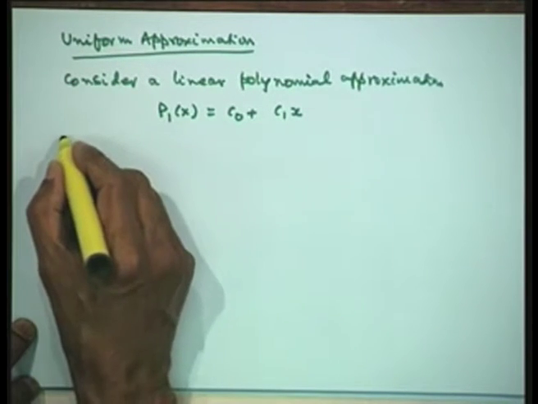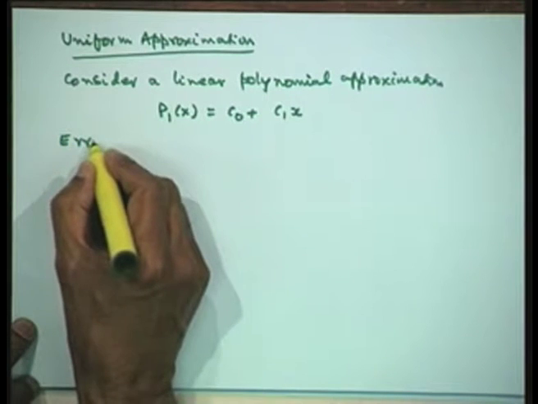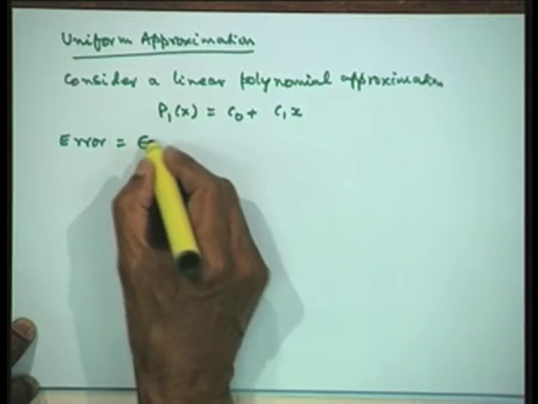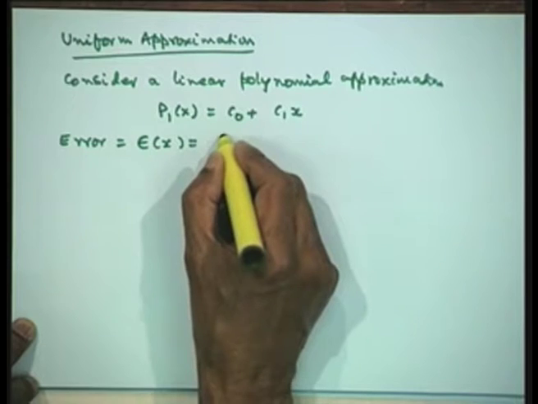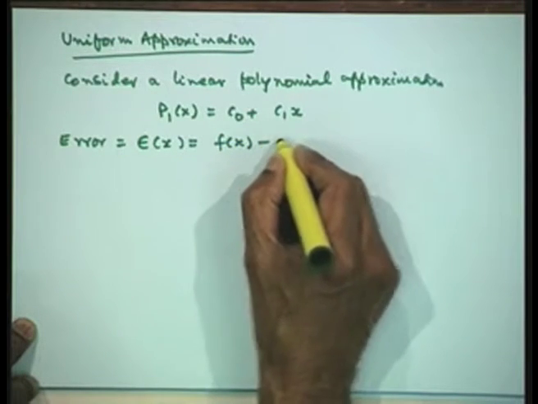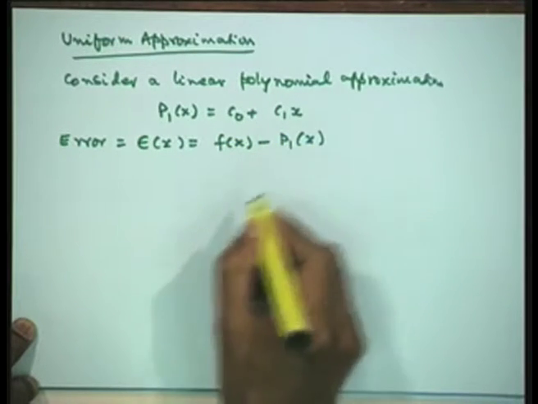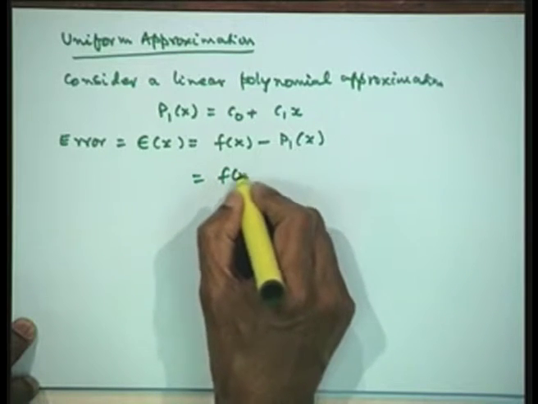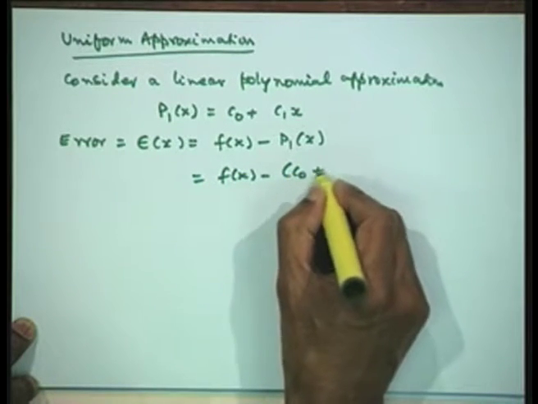Then we have defined the error. The error is defined as epsilon of x, that is f x minus p 1 x, that is f x minus c naught plus c 1 x.